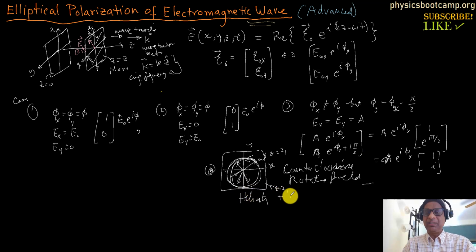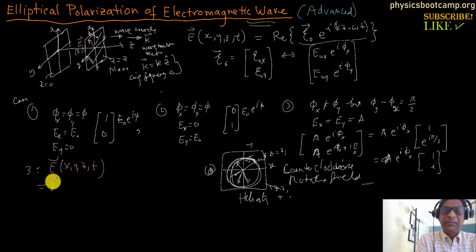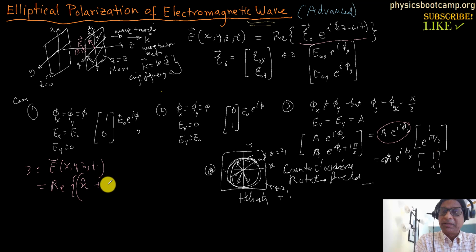Now, if you wanted to know what the field will be, what would you do? I've been alluding to the fact that you have to go back, take this, and plug in here to get that. So let's see. So you will say, okay, my electric field E(x, y, z, t) is the real part of x hat, and this thing is all common, so it's x hat plus e to the power i pi over 2 y hat.